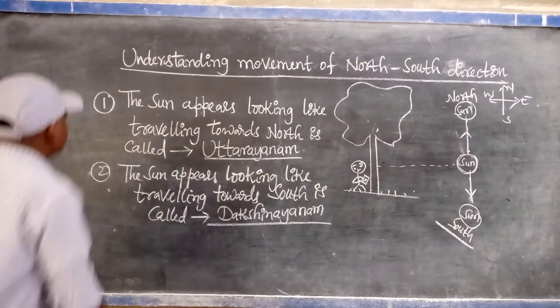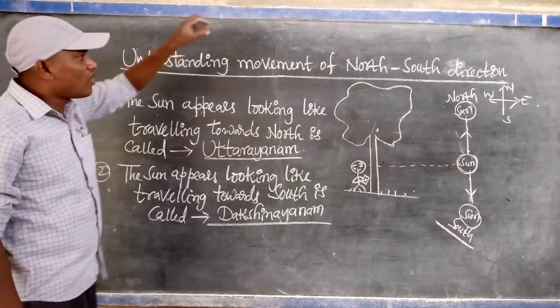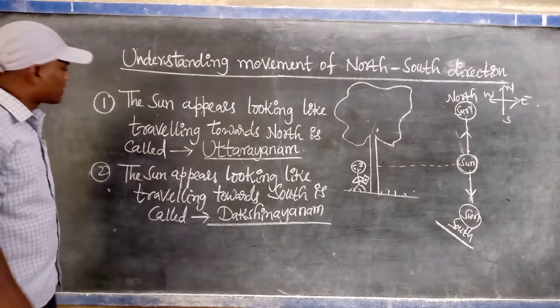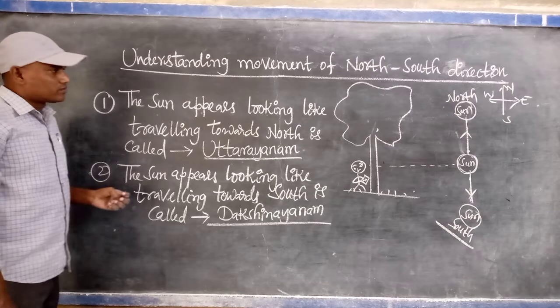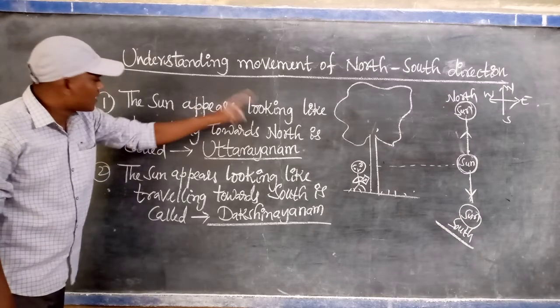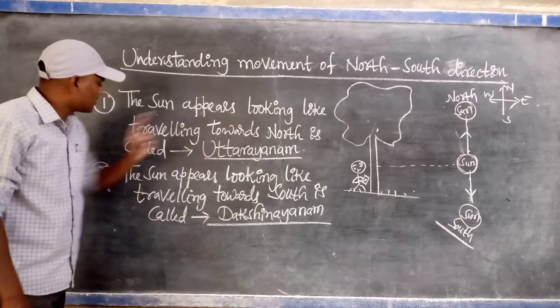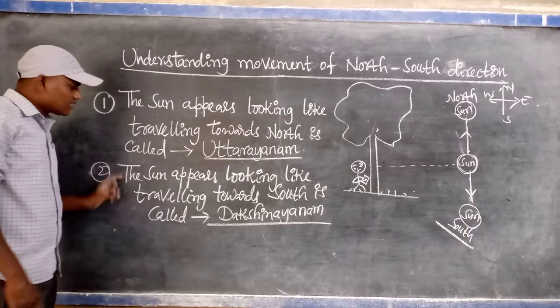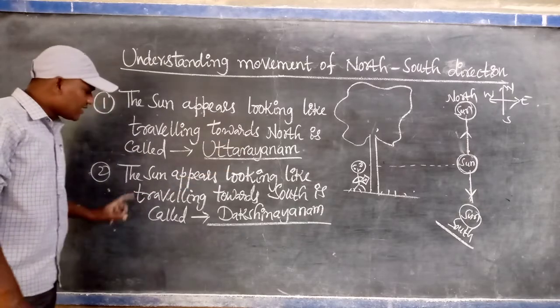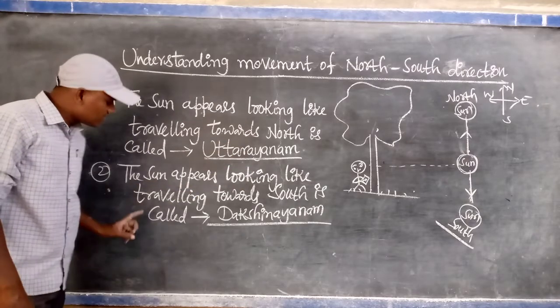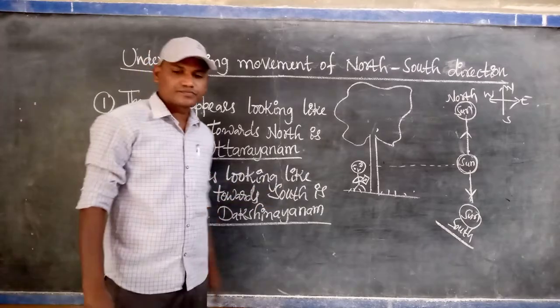So listen very carefully to understand the north-south direction of movement. The sun appears to be traveling towards the north is called Uttarayana. The sun appears to be traveling towards the south is called Dakshinayana.